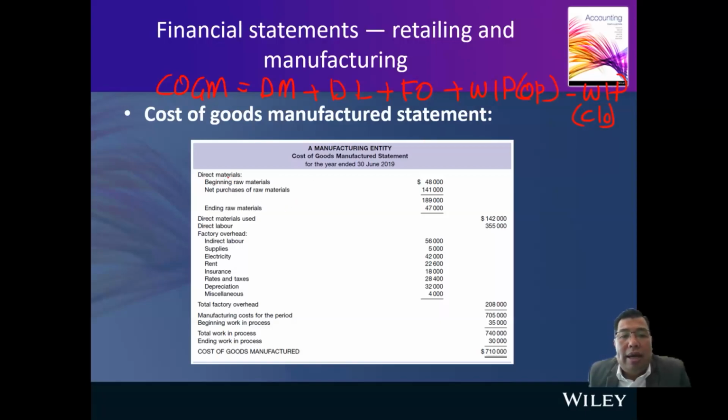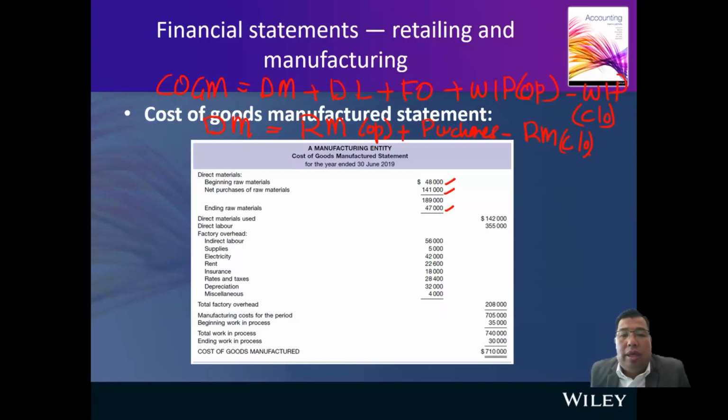So how to determine direct material? The formula for direct material is opening direct material plus purchases of direct material minus closing direct material. So the formula is raw material opening plus purchases minus raw material closing.